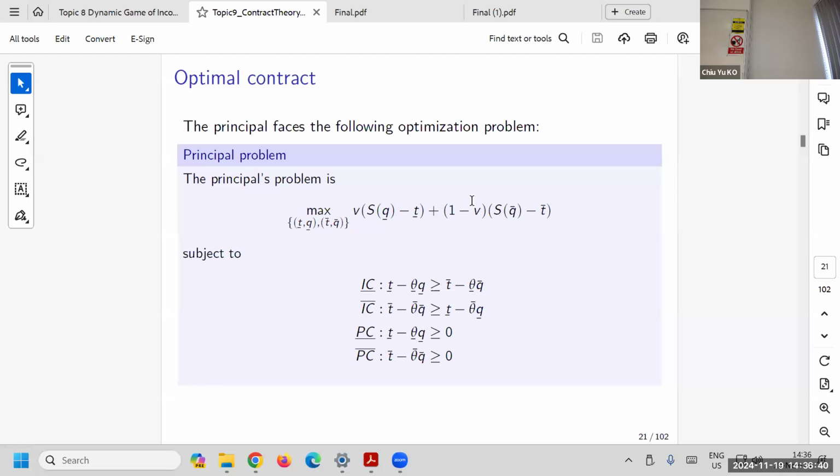The low type chooses the low type, not the high one. The high type chooses the high type, not the low one. The low type is happy with what they're doing.